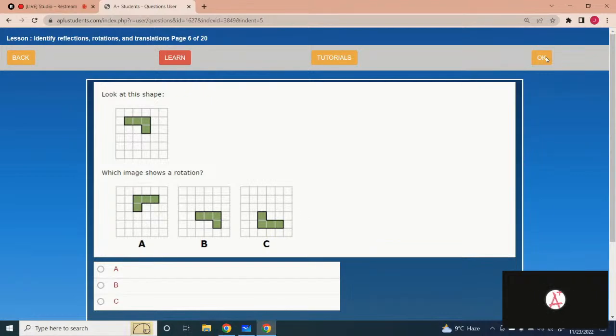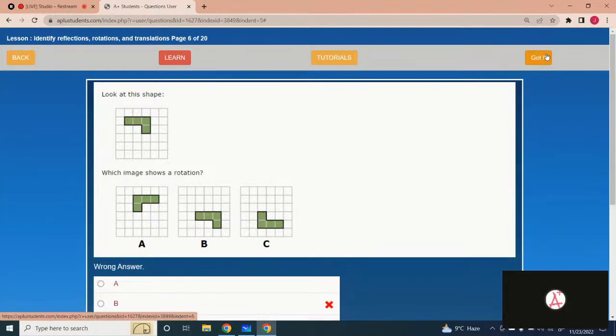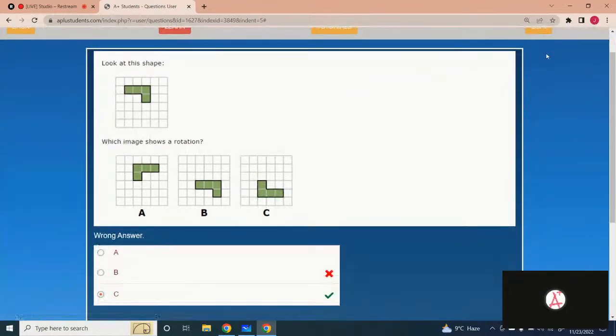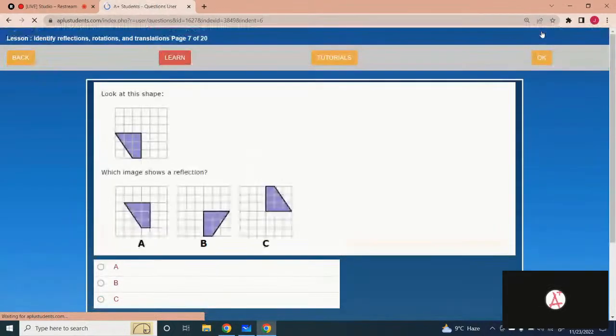C? No, I think B is the rotation, isn't it? B is the rotation. Oh, okay. So sorry. C is the rotation. Okay, good.